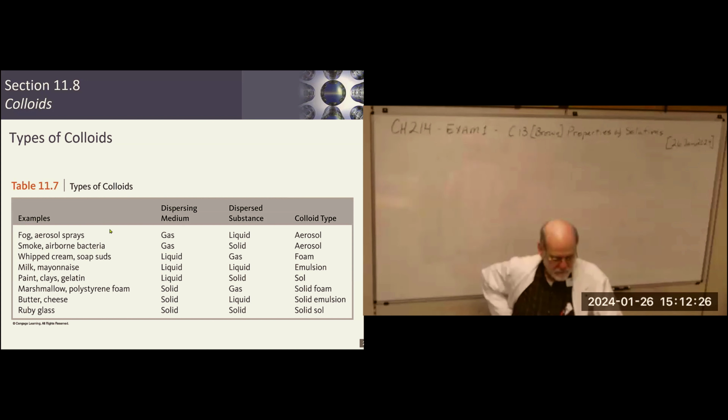If we disperse a gas in a liquid, like whipped cream, that's a foam. Or if you shoot insulation into your walls or in your ceiling, that's a foam until it solidifies. And then once you've got a solid and a gas, that's a solid foam. Liquid in a liquid, like milk or mayonnaise, is an emulsion.